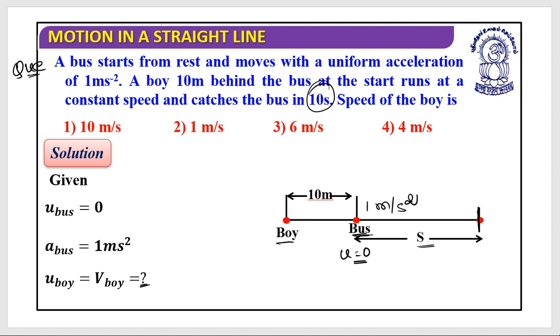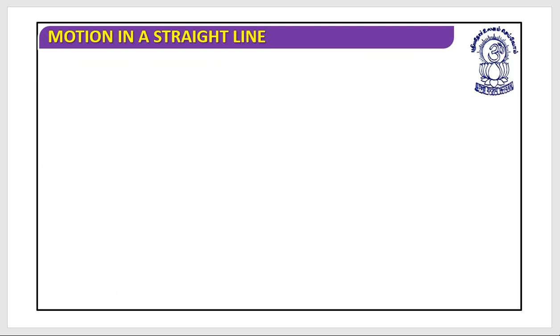If it is so, then and only then can the boy catch the bus. So what I can write is that the distance traveled by the boy should be equal to 10, this is the separation, plus 10 into t.